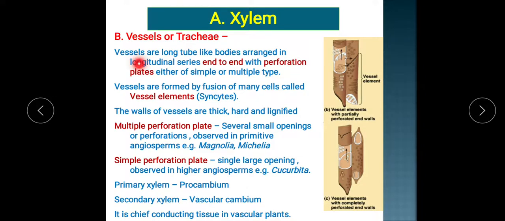That is called a longitudinal series, and it is arranged end to end. There is a difference between the vessels and the tracheids: vessels are joined end to end, while the tracheids have interlocking ends, whereas vessels have perforation plates, which can be either simple or multiple type.